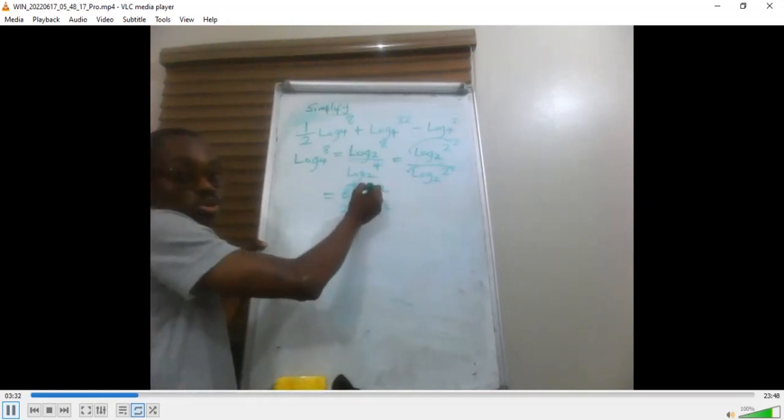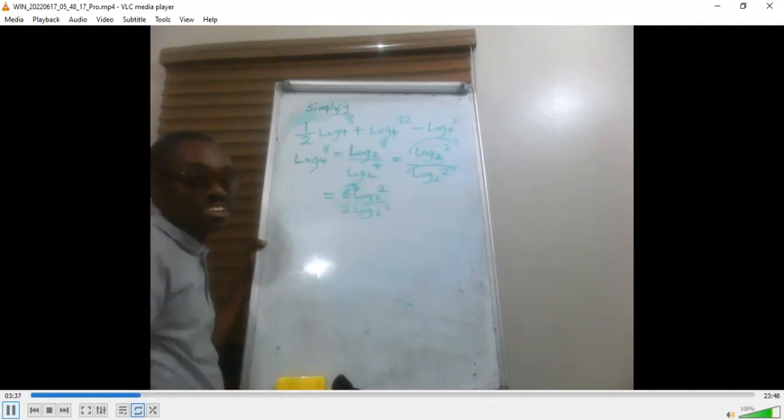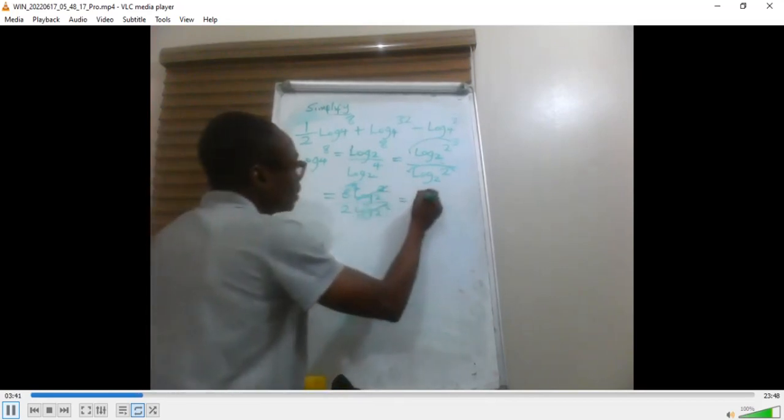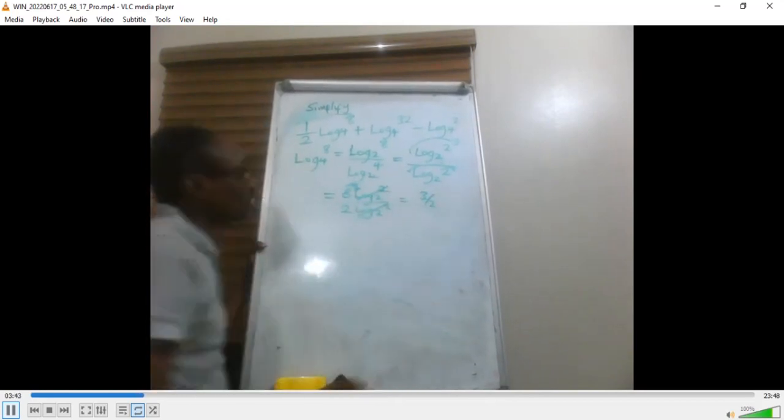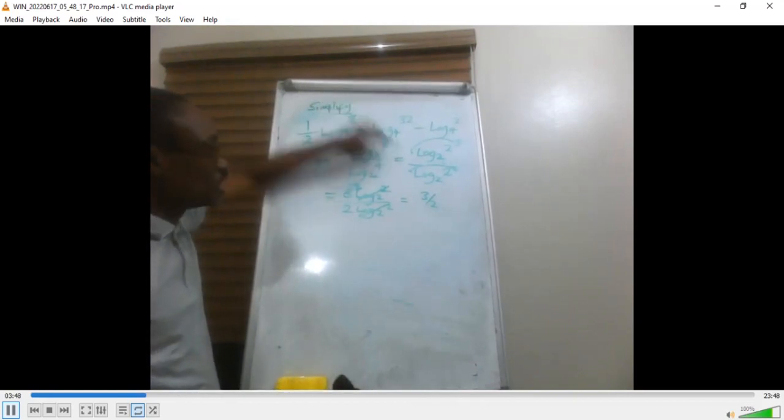Log 2 base 2 is 1, so these cancel out. So the answer here is 3 over 2. So log 8 base 4 is 3 over 2.